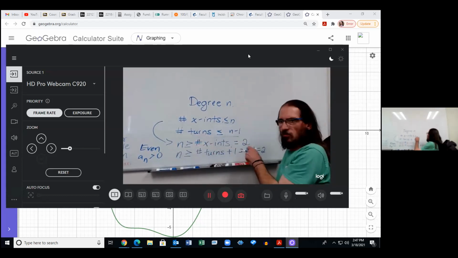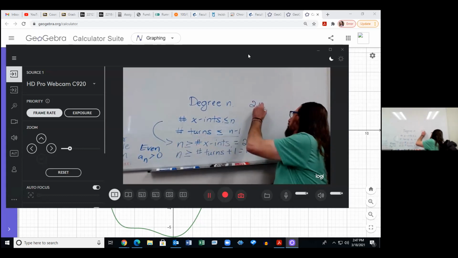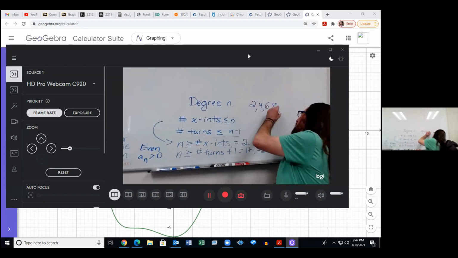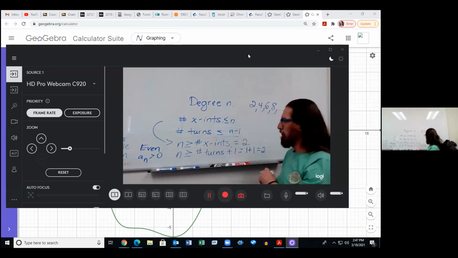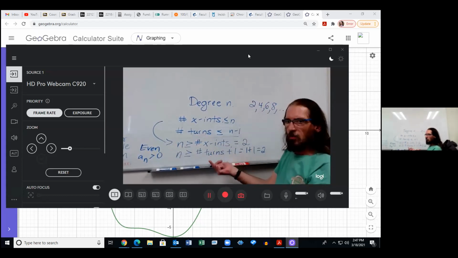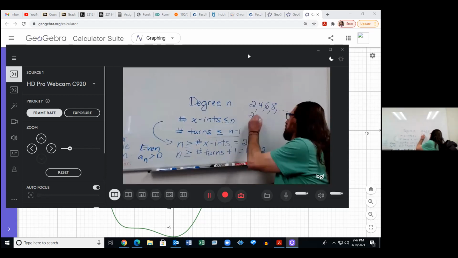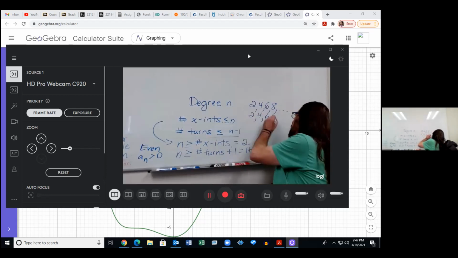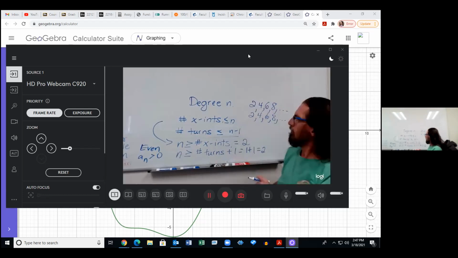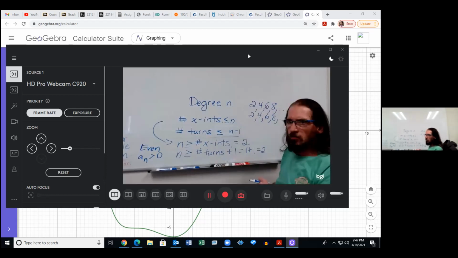So because of the x-intercepts, 2, 4, 6, 8, and so on. And then based on the number of turning points, same thing in this case. And so the lowest it could be is 2.